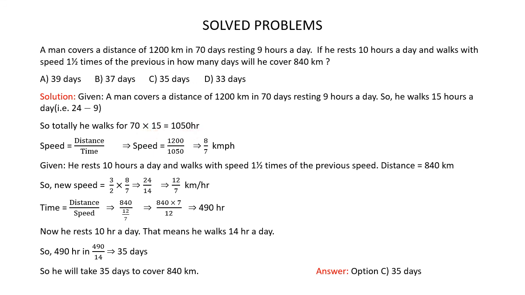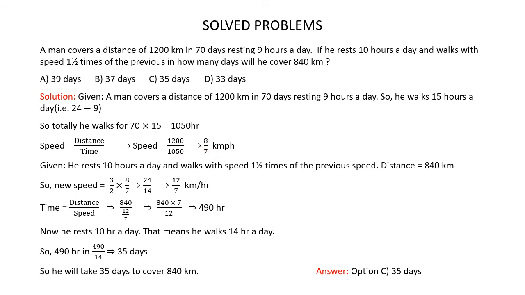So the man covers a distance of 1200 kilometers in 1050 hours. We know that speed is equal to distance divided by time. So speed is equal to 1200 divided by 1050. On solving this, we get the speed as 8 by 7 kilometers per hour.